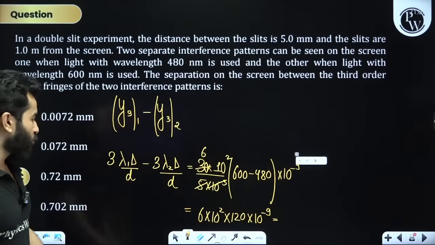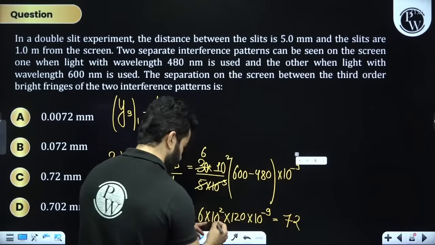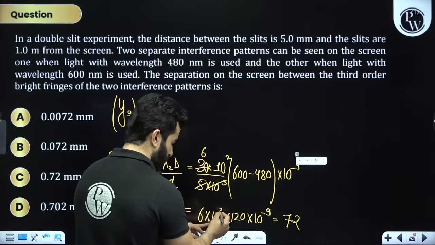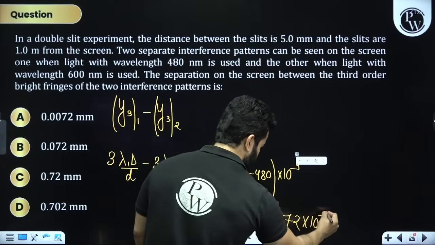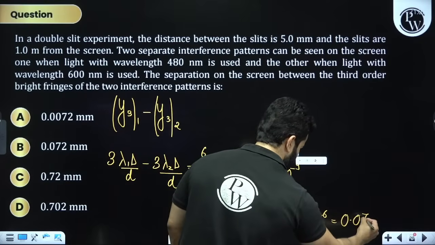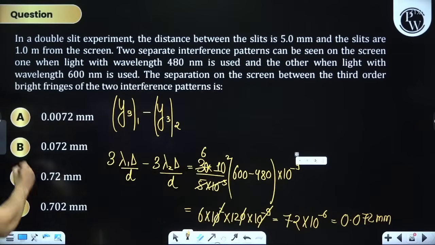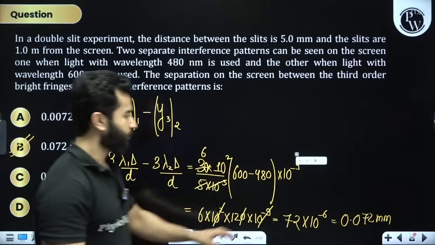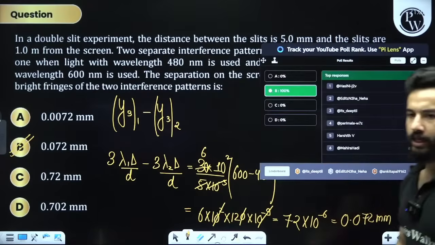So 6 times 12 is, I think answer we are going to get 72, and then you have got 3 zeros. This will become 10 to the power minus 6. So this will become 0.072 millimeter. B option is correct. Very good.